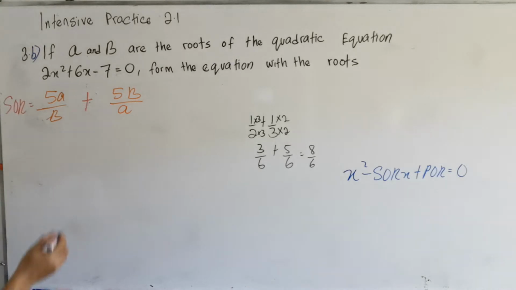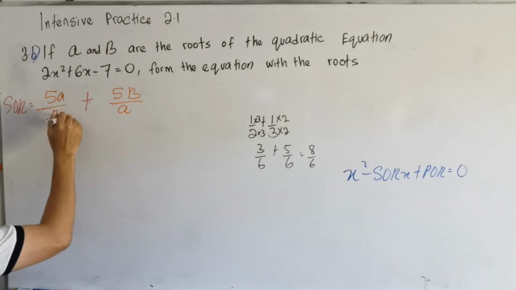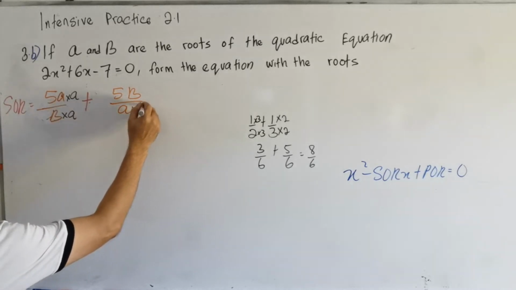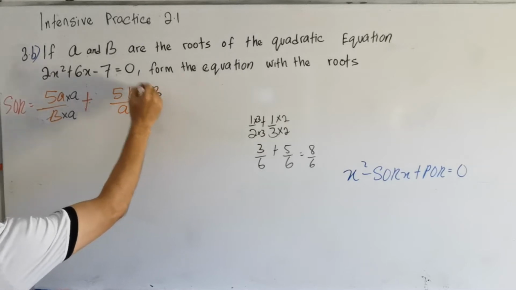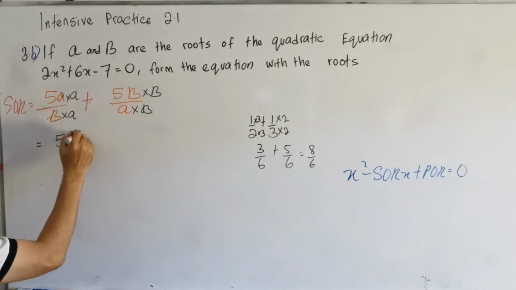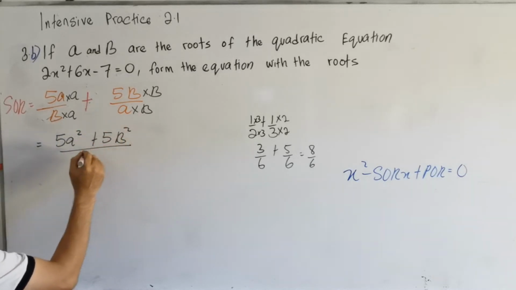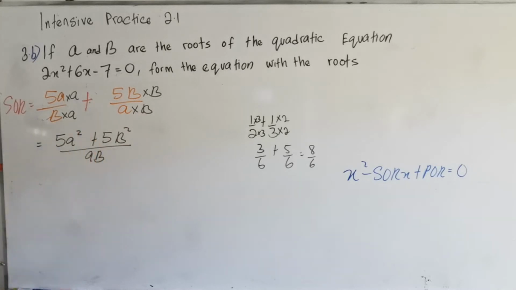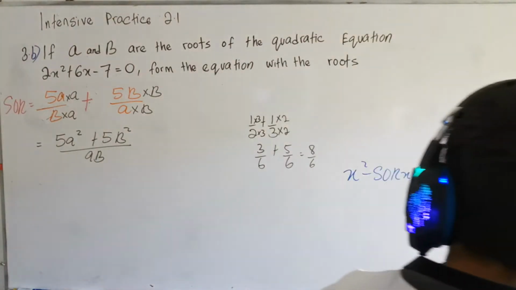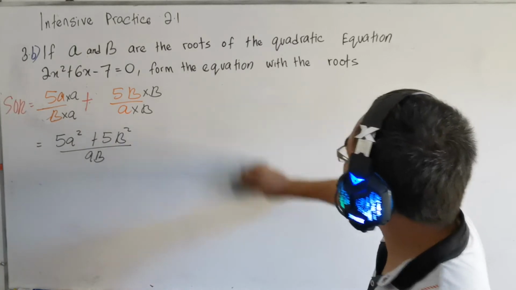So in the case of beta and alpha, we multiply by alpha and by beta, so this becomes 5 alpha squared plus 5 beta squared over alpha beta. How do we find the value? Are we going to substitute SOR and POR with this? Of course not.